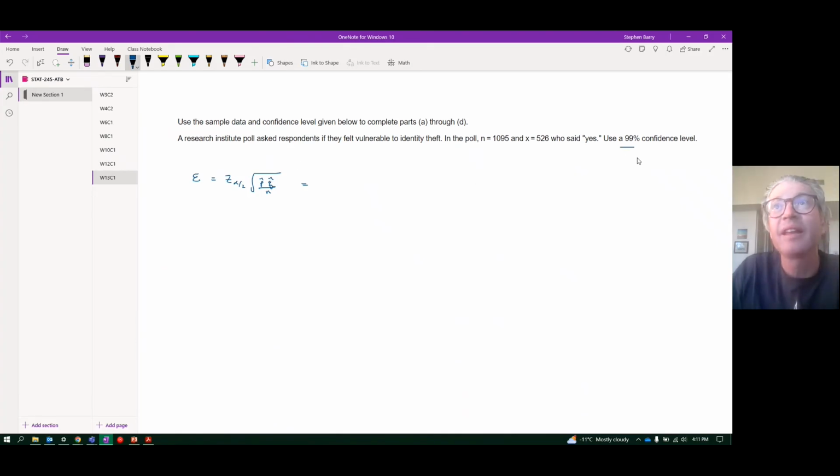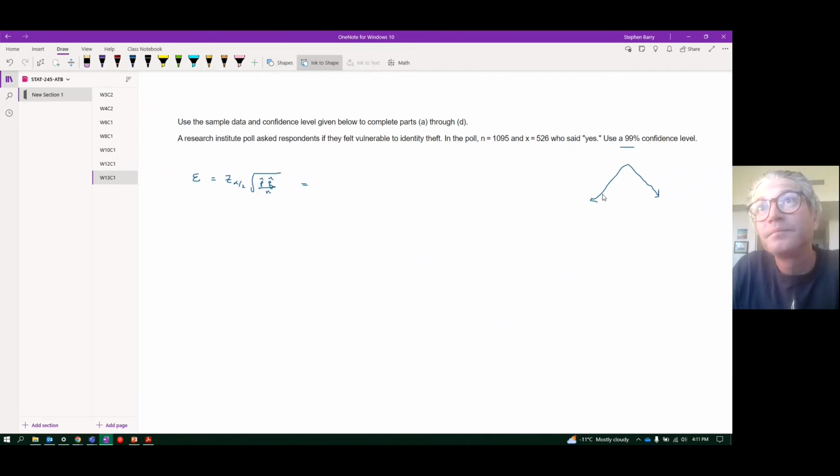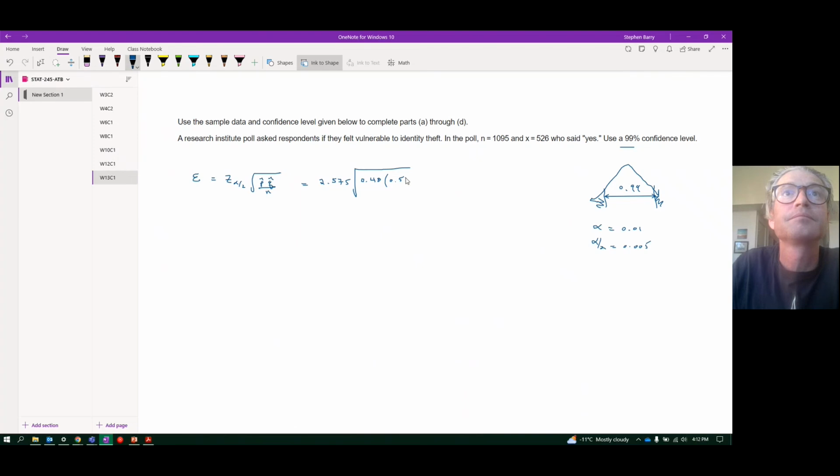Again, how do I know that? Sketch the curve. And you say, all right, well, 99 means that the rest has to be 1%. So it's going to be a small error because the sample size is so big, right?